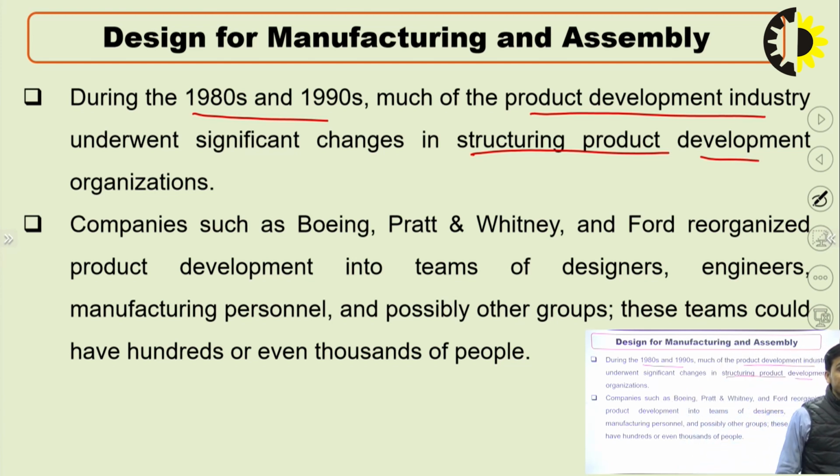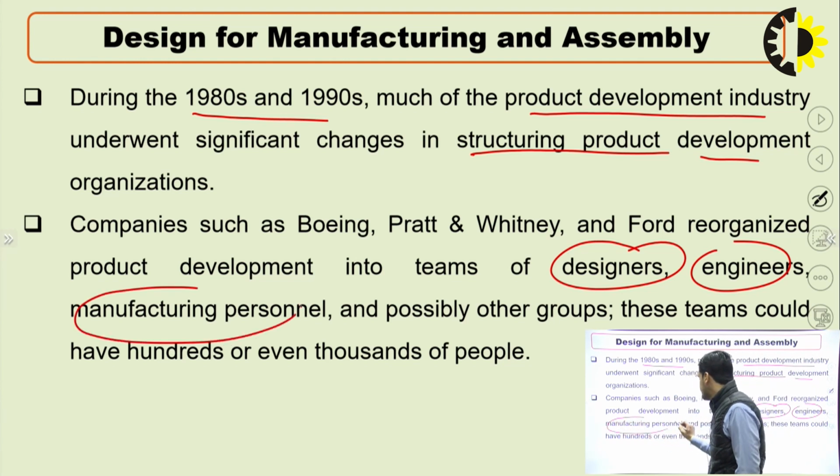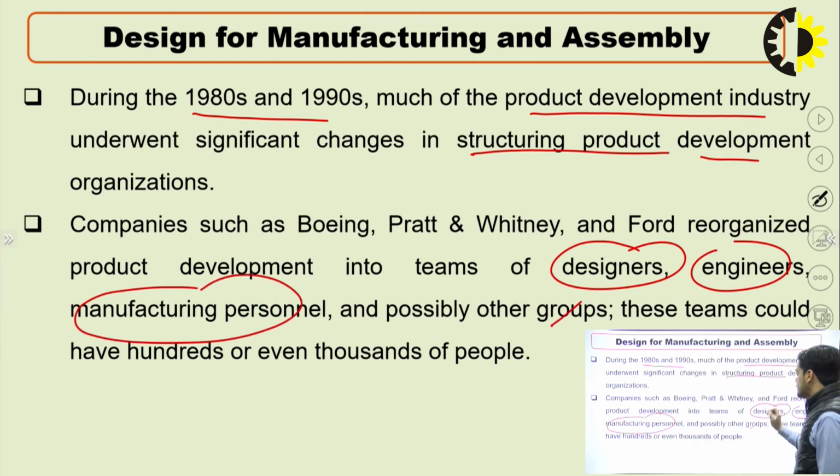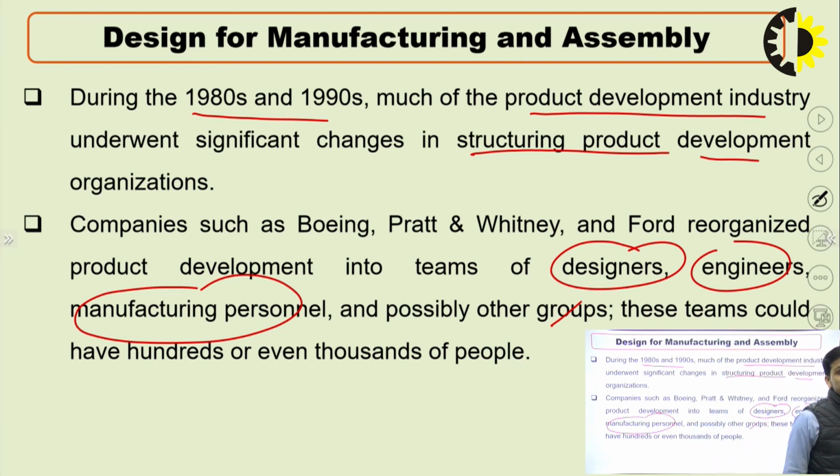Companies like Boeing, Pratt & Whitney, and Ford reorganized product development into teams of designers, engineers, manufacturing personnel, and possibly other groups, including the workers. And these teams had 100 or even 1,000 people.